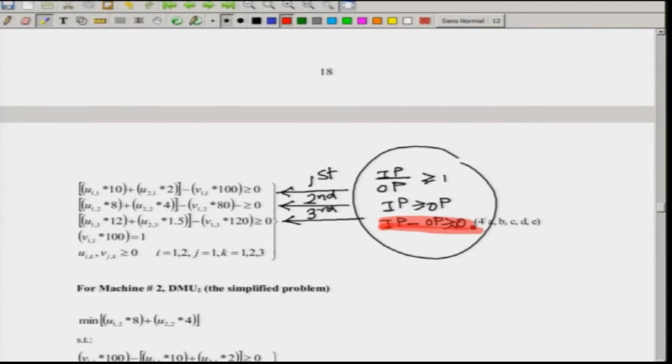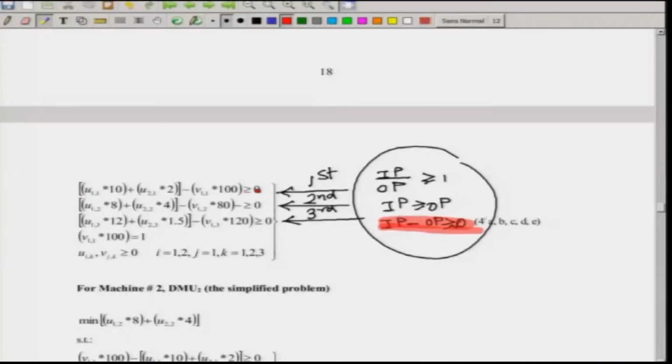Why am I highlighting it? Because like in the minimization word, this is also important: I am trying to utilize input minus output is greater than or equal to 0, for all the first constraints, where I am hovering my electronic pen. Now, if you remember, the color schemes are 10 and 100 for the input-output combination for the first DMU, 8, 4, 80 is the combination of input and output for the second DMU.